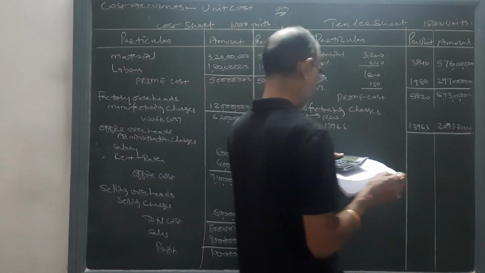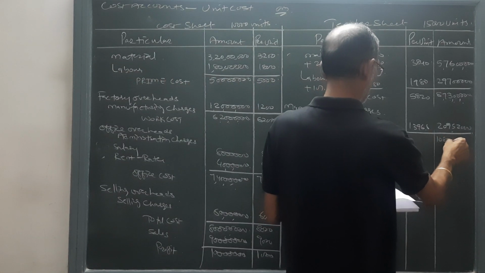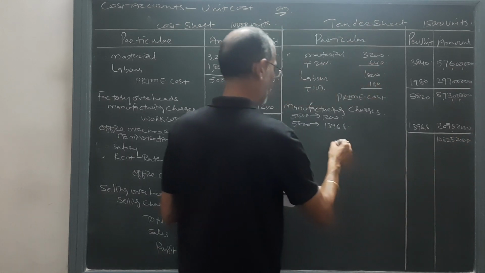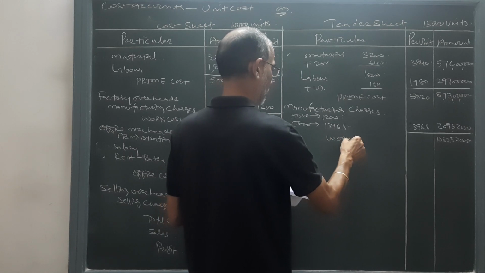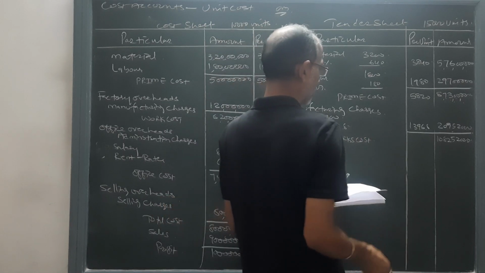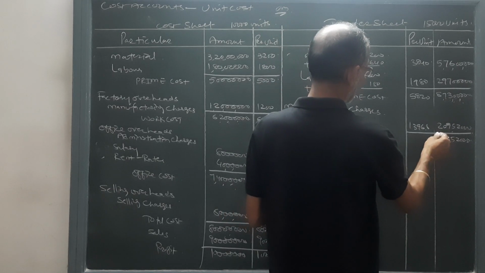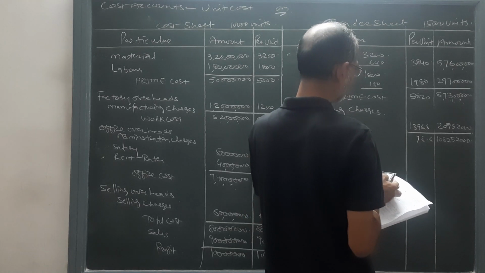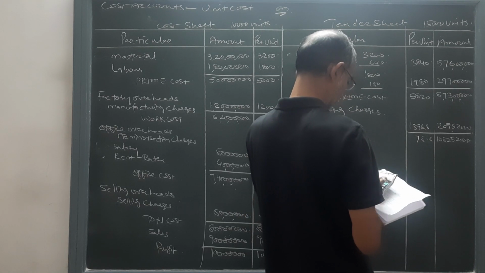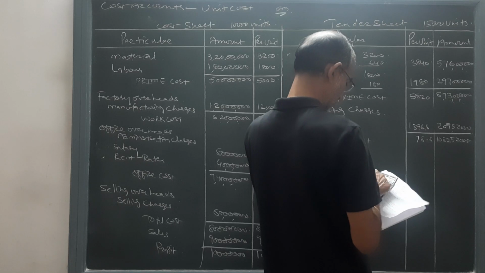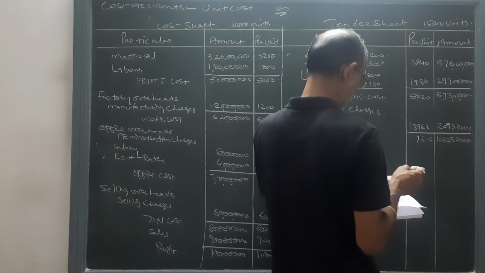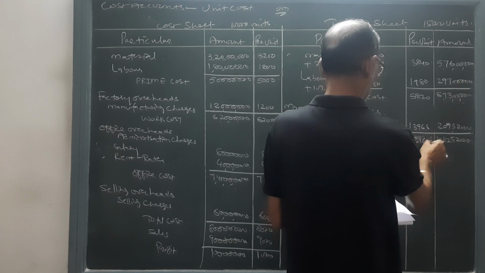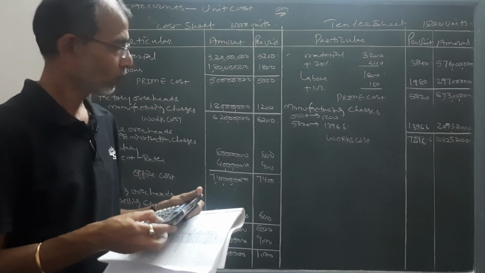So 10 crore 82 lakh 52,000 is works cost, and per unit will be 5820 plus 1396.8, that is 7216.8 per unit work cost.